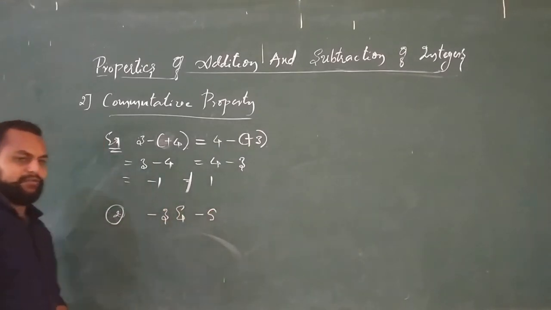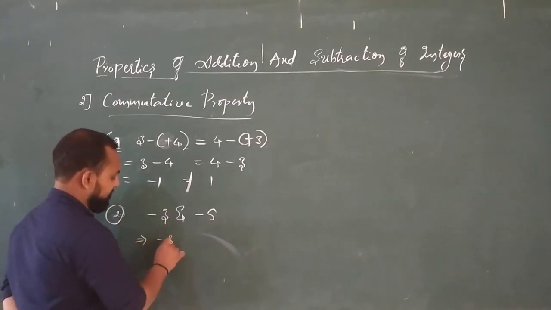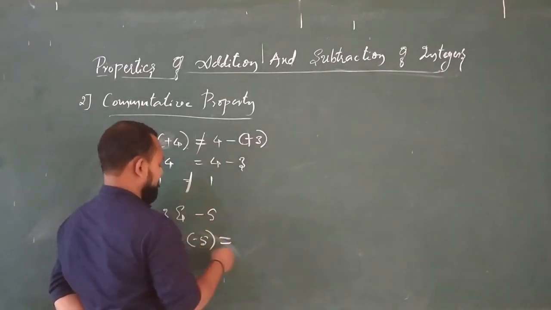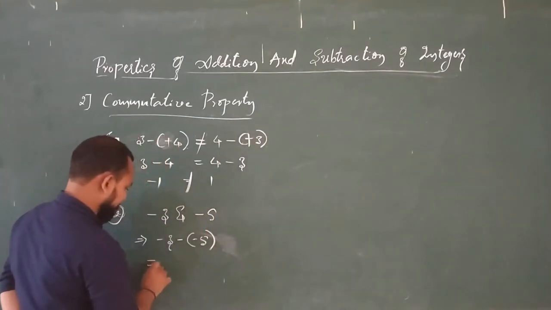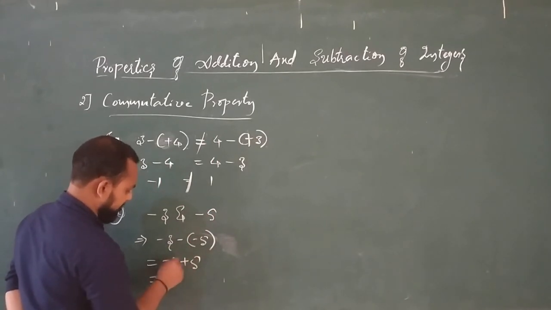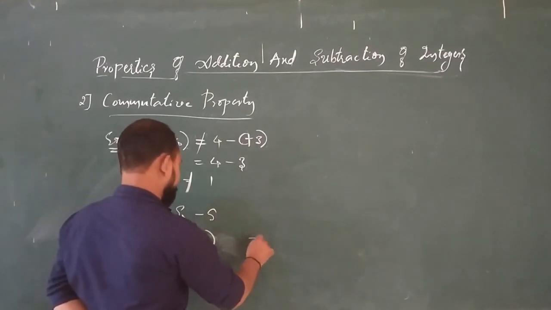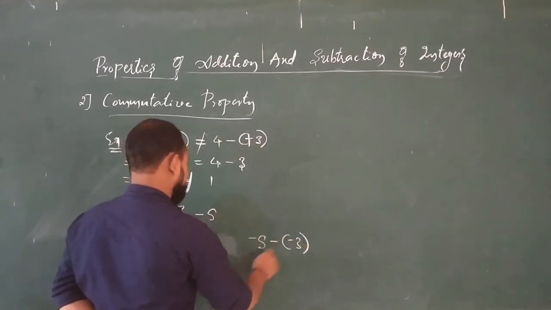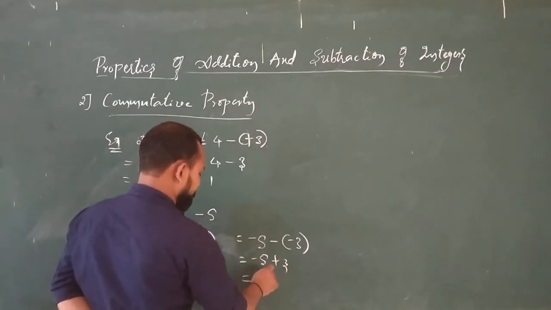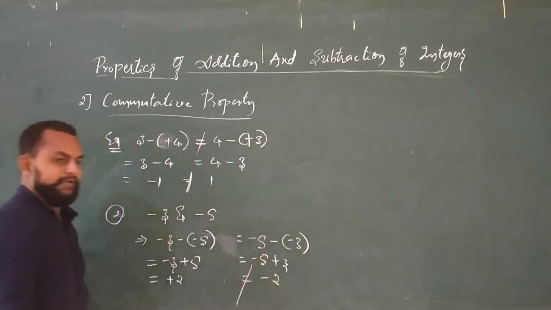These two are integers. Check the difference: minus 3 minus 5 is minus 8, whereas minus 5 minus minus 3 is minus 5 plus 3, which is minus 2. Minus 8 is not equal to minus 2.